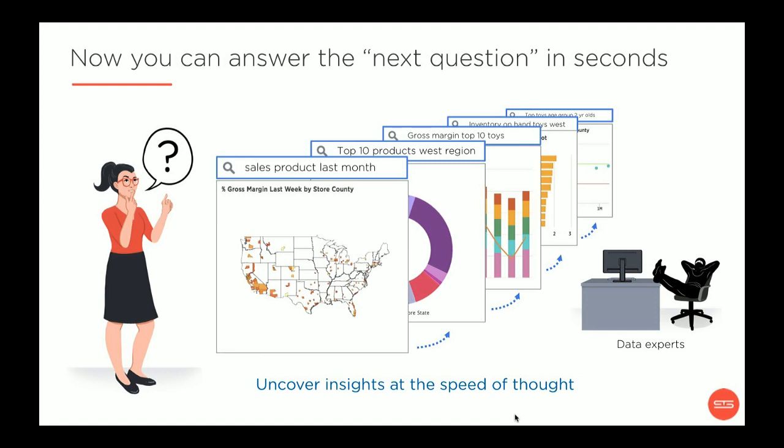And we're putting a little bit of a humorous play here with the so-called data ninjas that are now free to do a lot more strategic things involved with analytics.